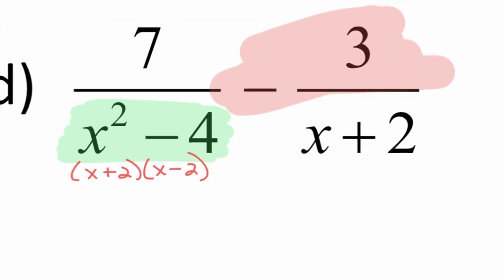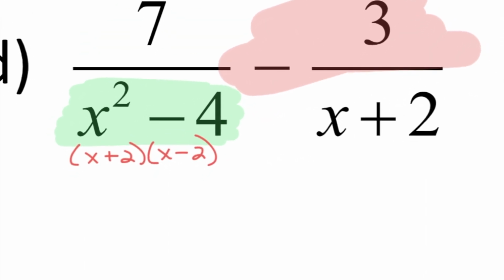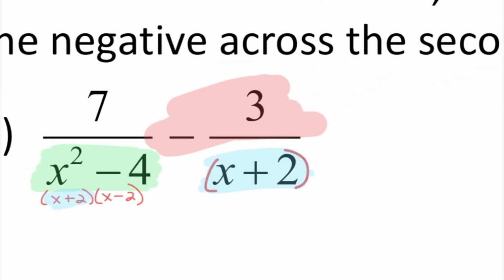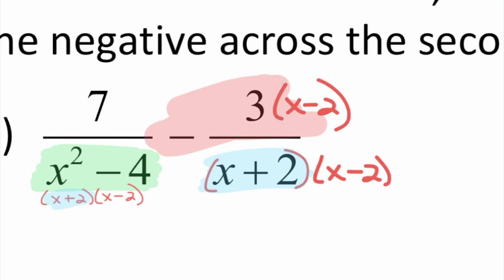Now, if you want to make these two denominators the same, you've already got x plus 2 in both denominators. And so you don't need to multiply through by the x plus 2 again. All you need to do is multiply by x minus 2, but remember to do that in the numerator and denominator.